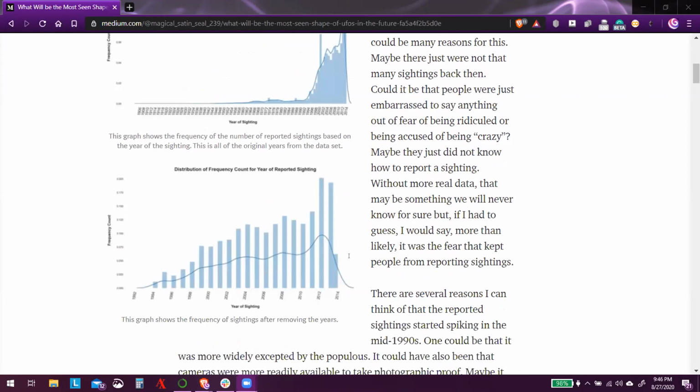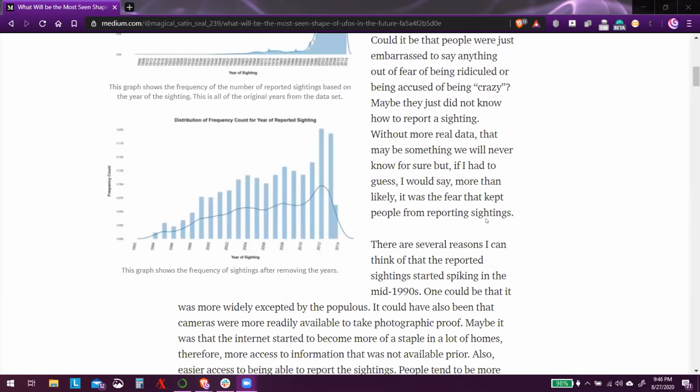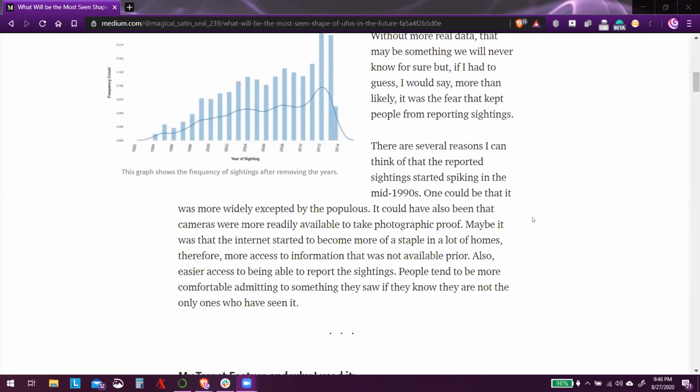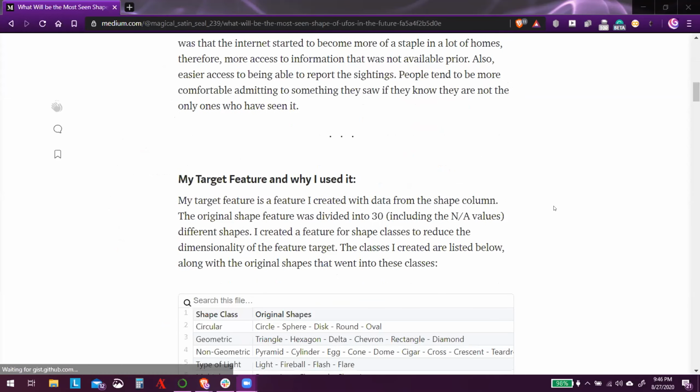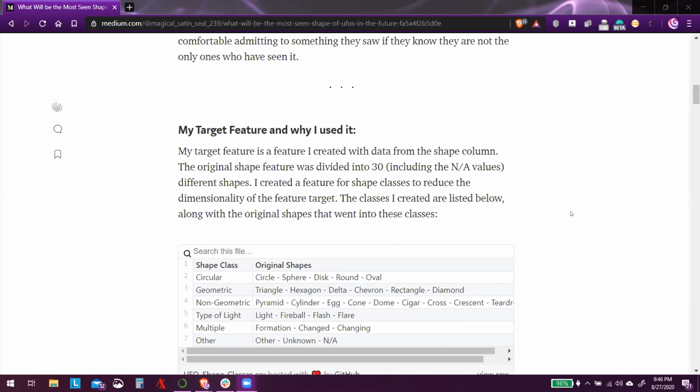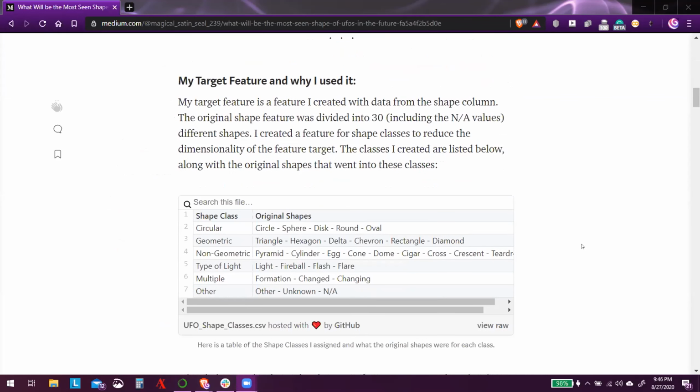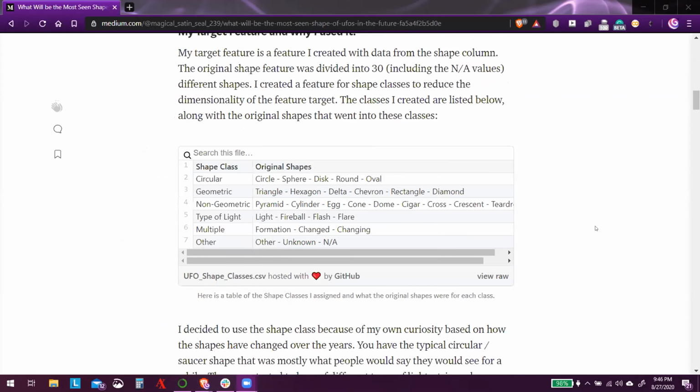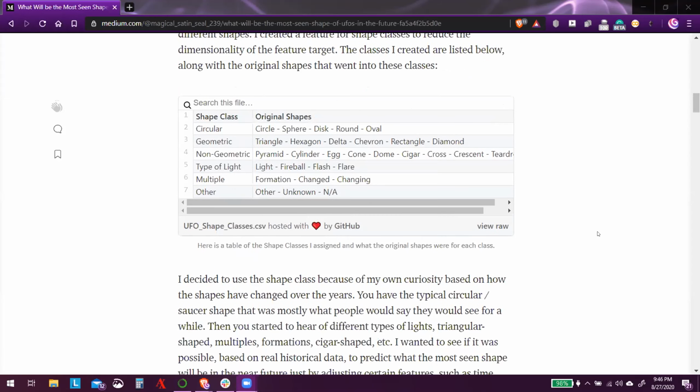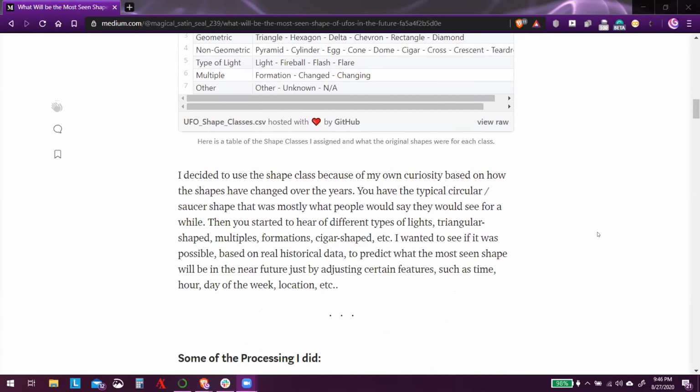And that reduced my observations to just over 72,000, which is still a lot. The target feature that I decided to use was originally called shape feature, which was divided into 30 different shapes, including the NaN values. So I created my own feature and named it shape classes, which only had 6 classes to reduce the dimensionality.